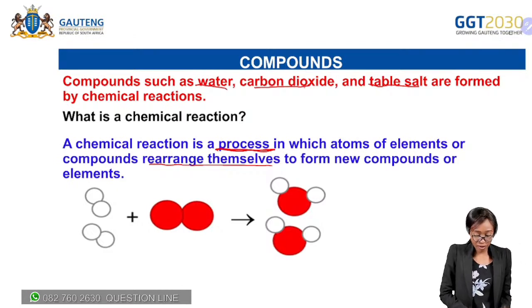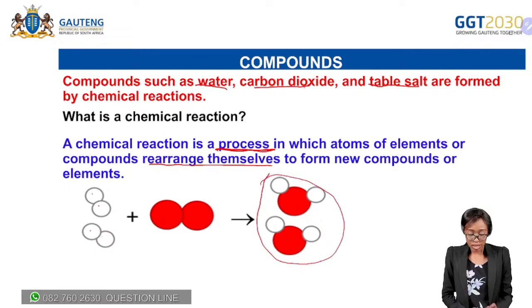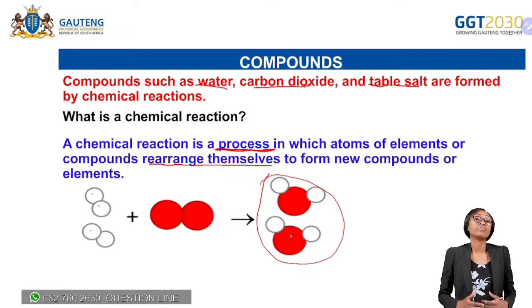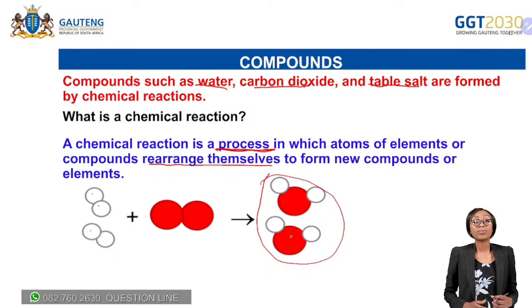Now let's look at this example or representation of a chemical reaction. So we have different atoms here and we have different compounds. Now if we check the white, we've got 2 of these molecules and then we have 1 of these. In the chemical reaction, these atoms rearrange themselves to form these new compounds here. So that is what we mean by chemical reaction.